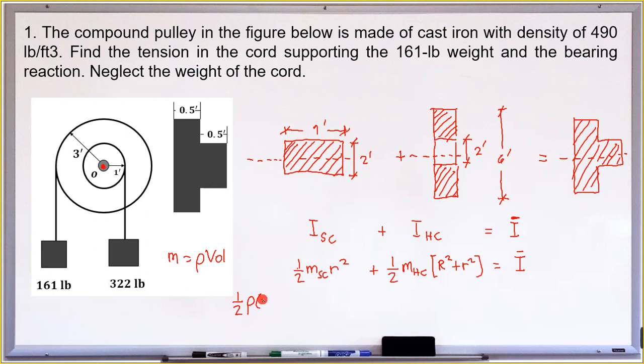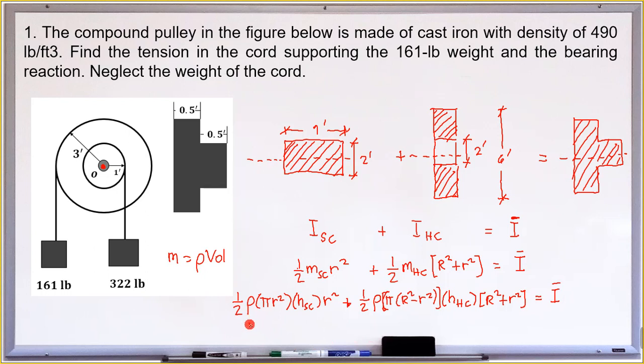So this one is pi r squared, and then its height, labeled as the height of the solid cylinder, and then another r squared, plus 1/2 the density, and then for its cross-sectional area, that is pi times the difference of the squares of the radii, R squared minus r squared, and then the height of this hollow cylinder, then R squared plus r squared, and that is equal to I bar.